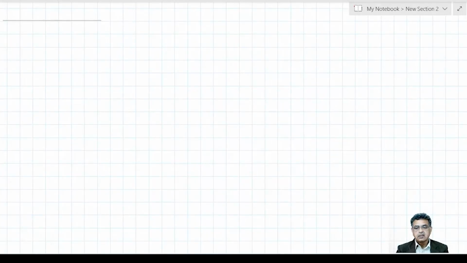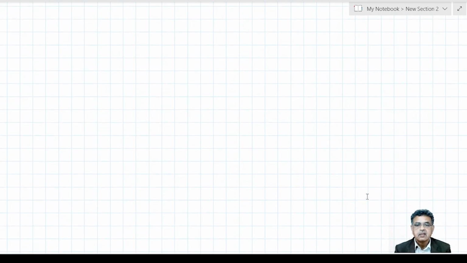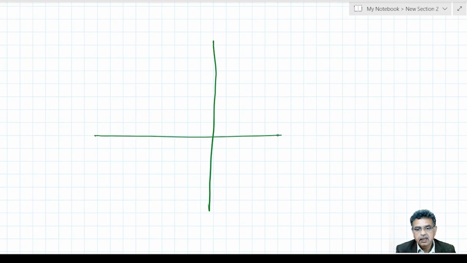So here in trigonometry, if we draw a grid like here, a vertical and horizontal line, this is positive x, this is positive y, this is negative x, and this is negative y.